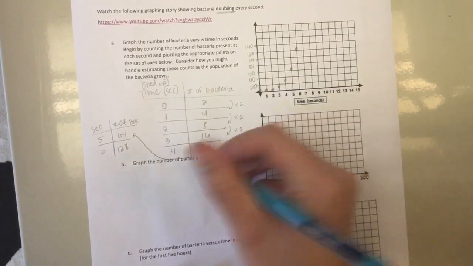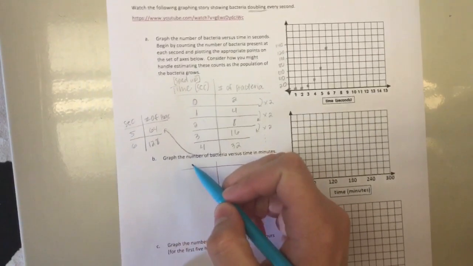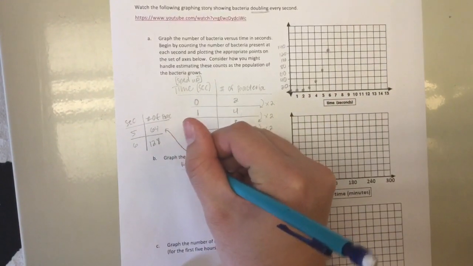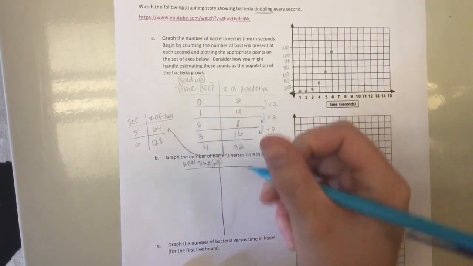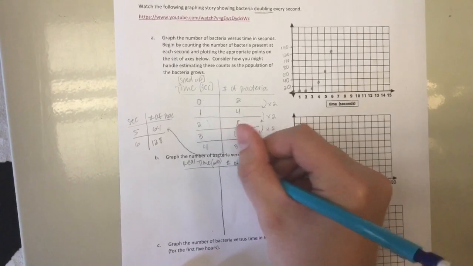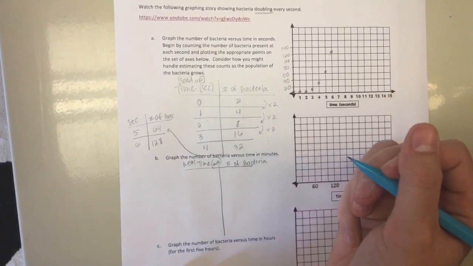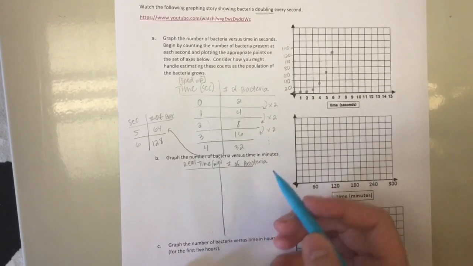So let's make our table. And I'll make it a little smaller so we can all fit this in. So we've got real time in minutes, and then we have number of bacteria.